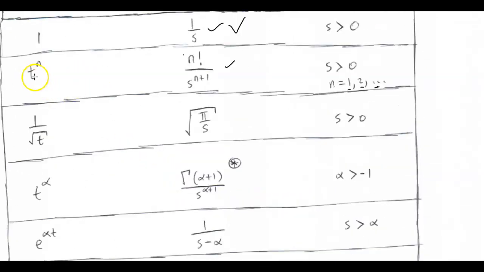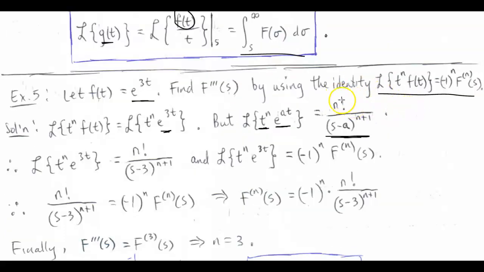Laplace transform of t raised to the n is just n factorial over s raised to the n plus 1, where s is greater than 0, n is 1, 2, 3, whatever. In this case, it's going to be 3. So we see where this particular expression comes from.